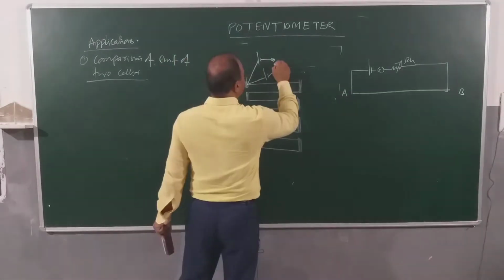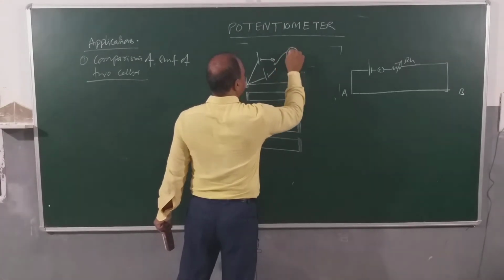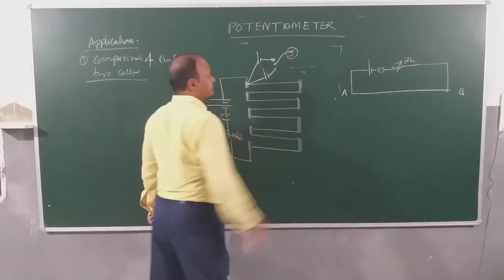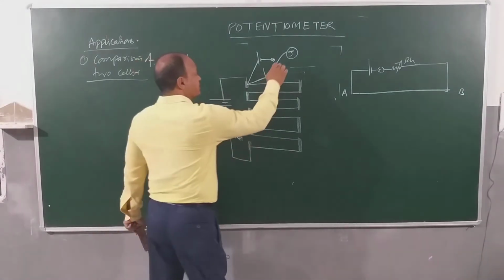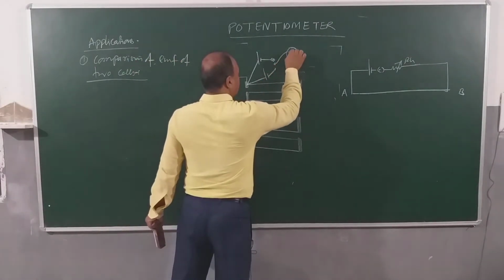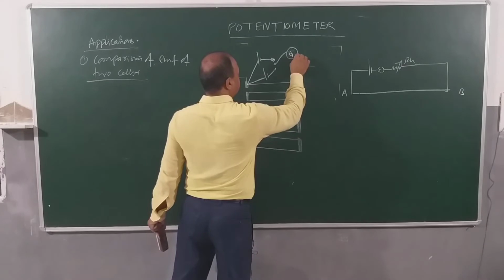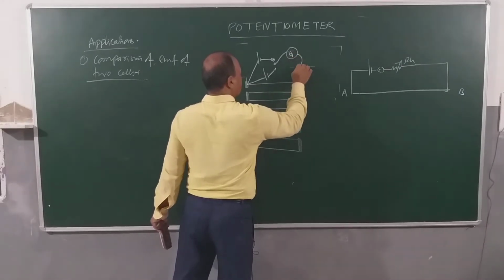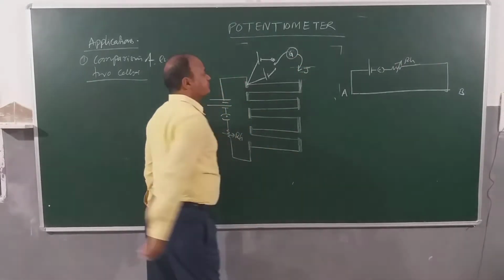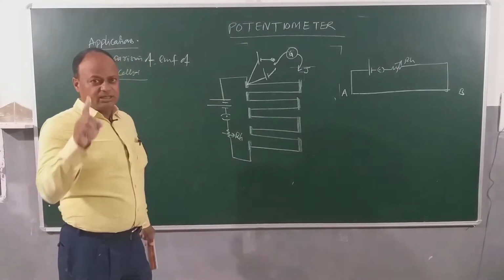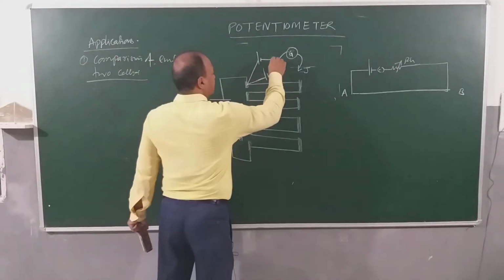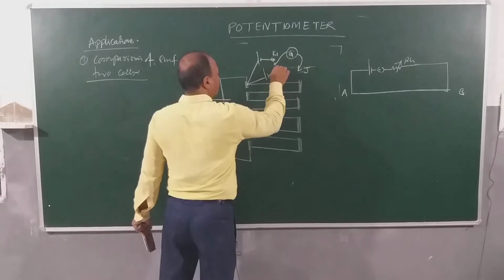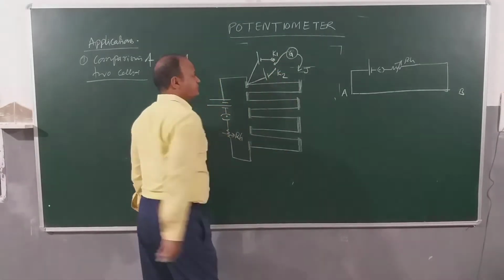And then I will connect this to a jockey J. This is a galvanometer, and the other end is connected to a jockey J. Right? Remember, this key is K1 and this key is K2.